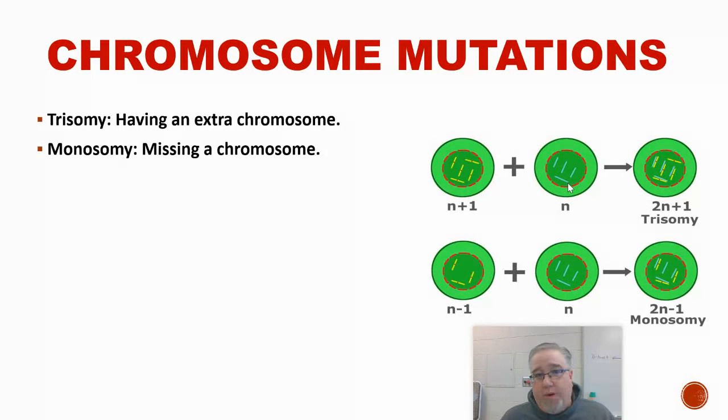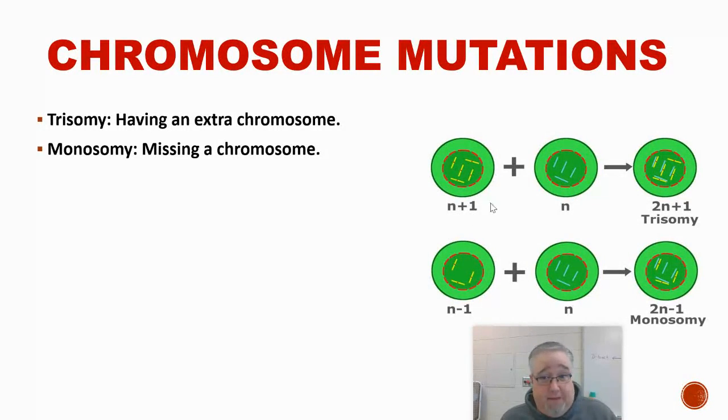But for whatever reason, this particular gamete, whether it's a sperm or an egg, because it can happen in both, this particular one has an extra. So that means that this cell would have 23. This cell would have 23 plus 1. So there's 24.